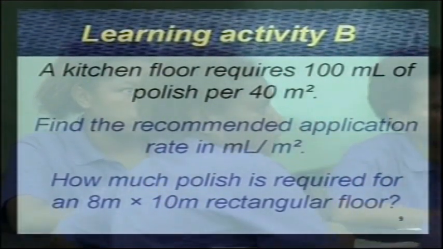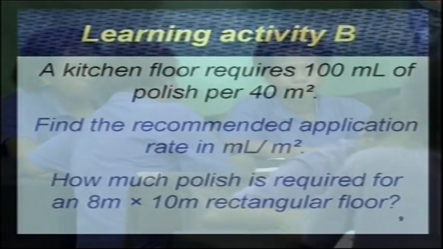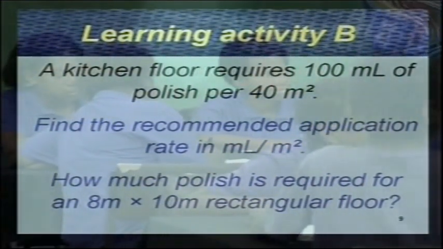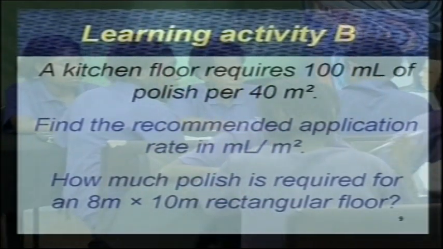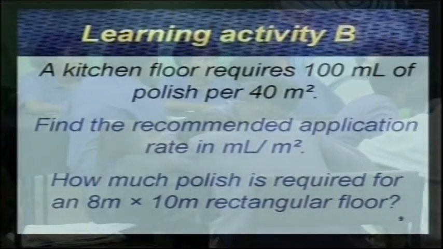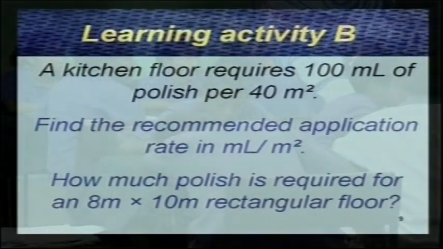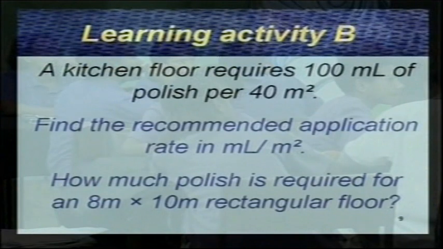So a kitchen floor again requires 100 milliliters of polish per 40 square meters. What will be the recommended rate or application rate in milliliters per square meter? Like I said, we did an example already here. It's the same with what you're going to work out.